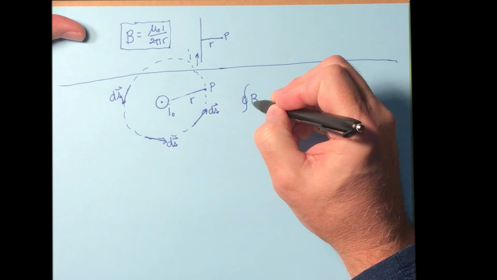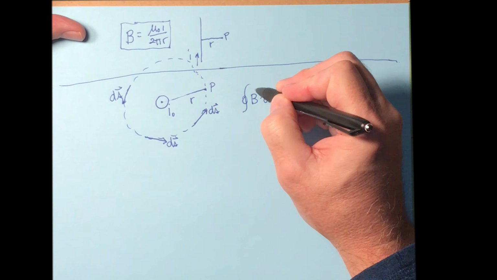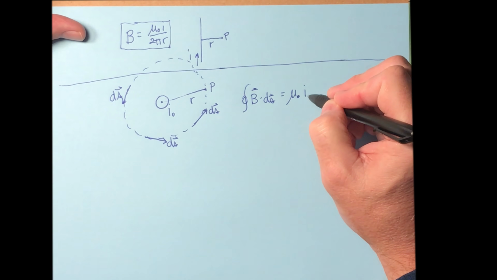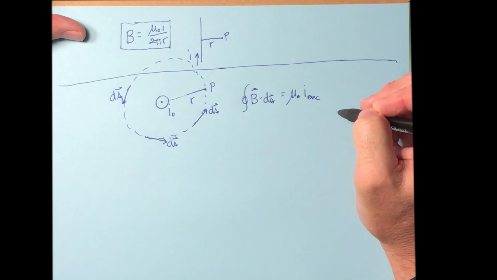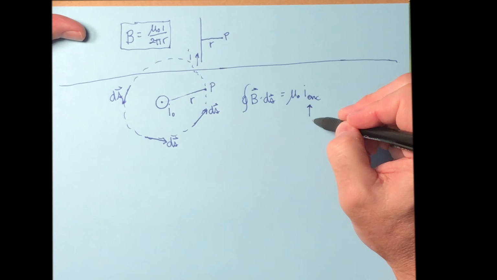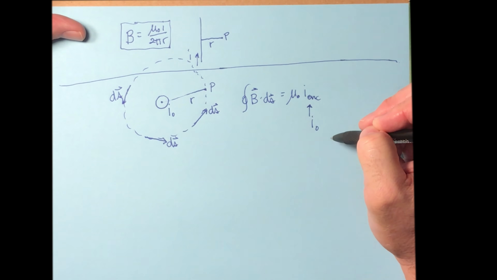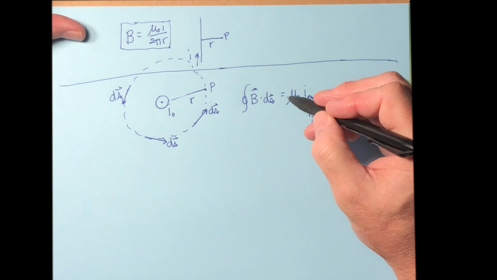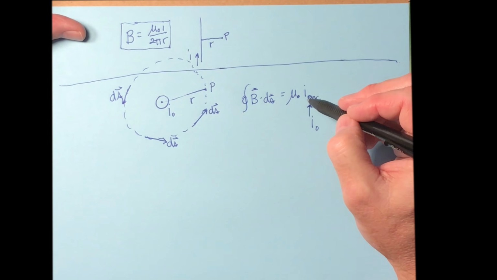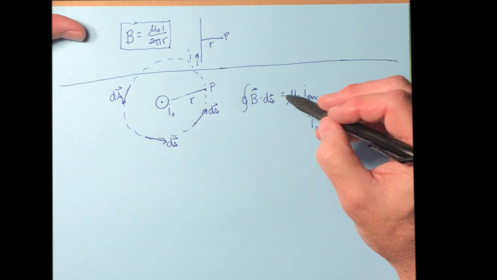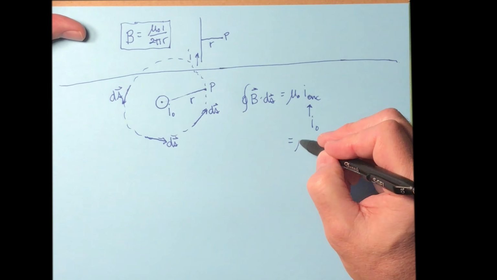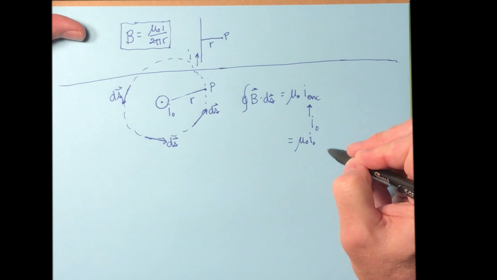Closed integral B dot ds is equal to mu naught times I enclosed. What's the I enclosed? The I enclosed is just our I naught. At that point, we're finished with the right-hand side. We're working the sides of the equation now the same way we did for Gauss's law. The right-hand side is done, and it's just going to be mu naught I naught.